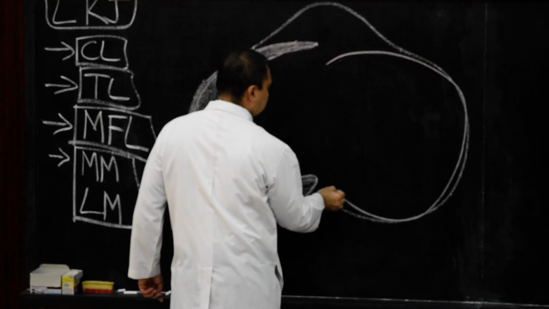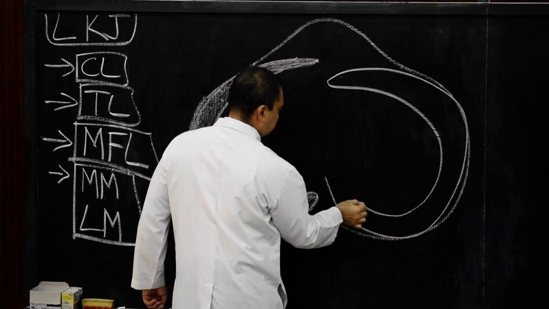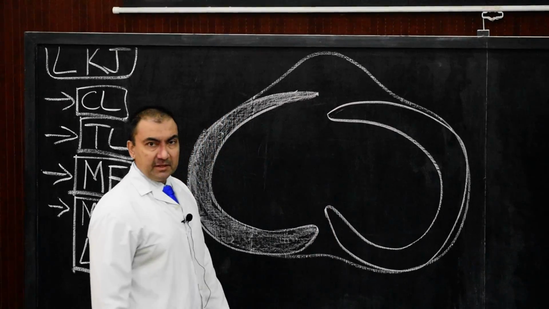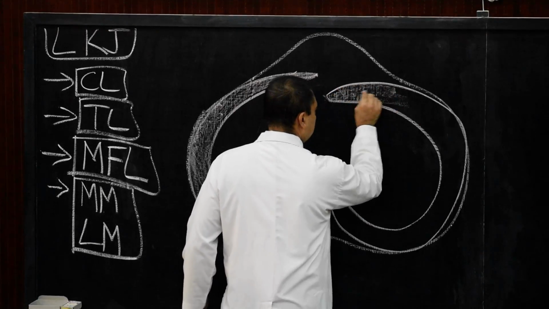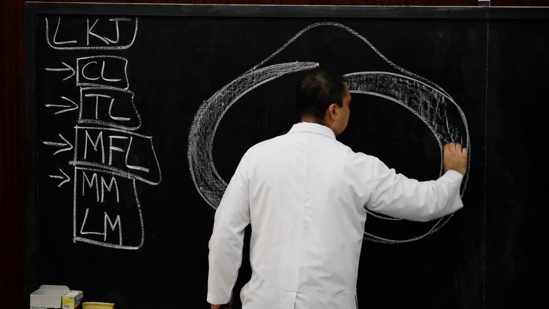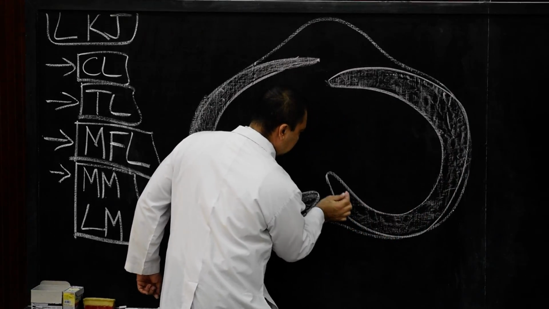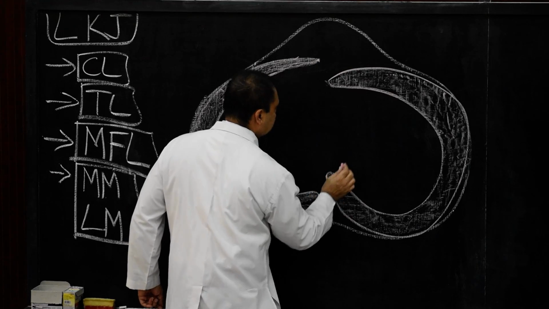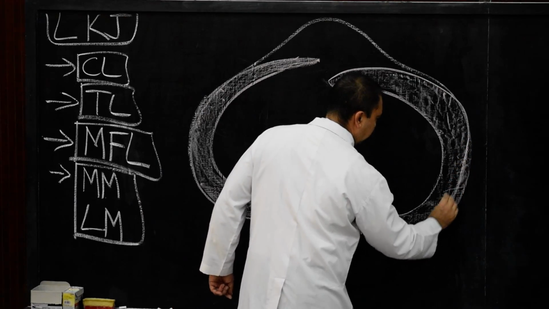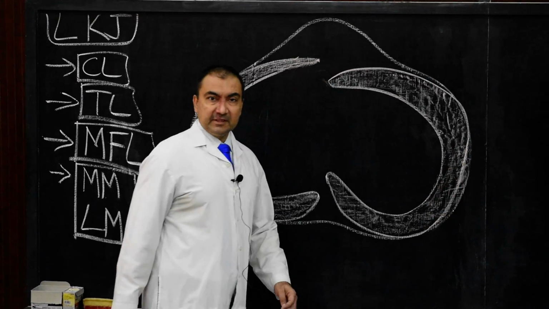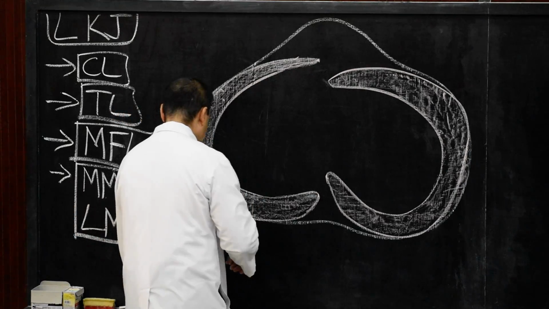And then we are going to show here the lateral meniscus. This lateral meniscus will be circular in shape. So this is circular in shape. The entire lateral meniscus here, we are going to put some color inside. And this completes the superior surface of the transverse section of the tibia, in which we have the medial and lateral condyles.